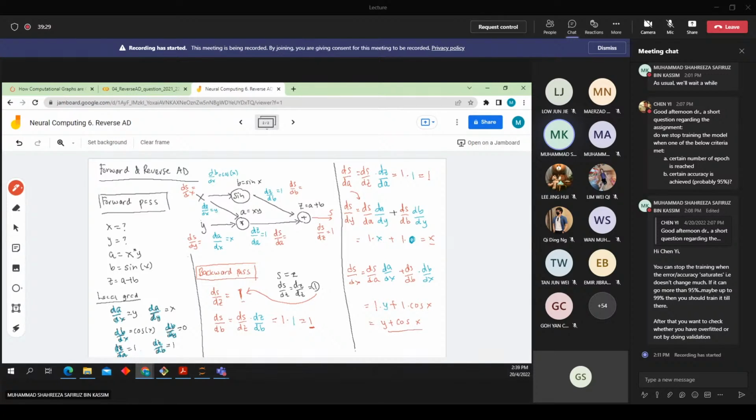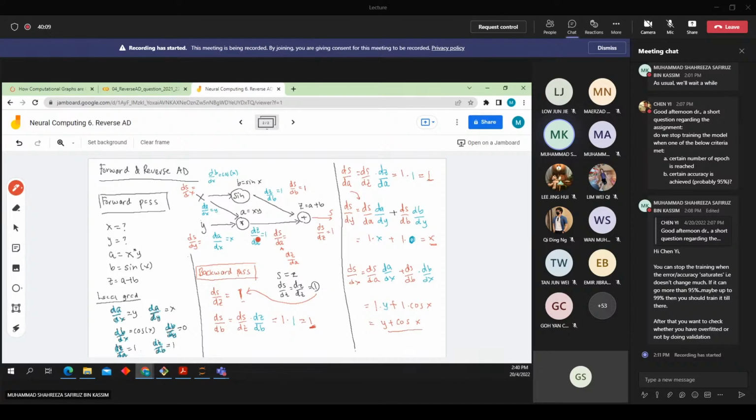So these are your backward pass. If we fill it up, ds of dB equals 1. The partial derivative of s with respect to a is also the same. But I don't want to write dz with respect to dA, because I don't want you to confuse it with the forward pass.